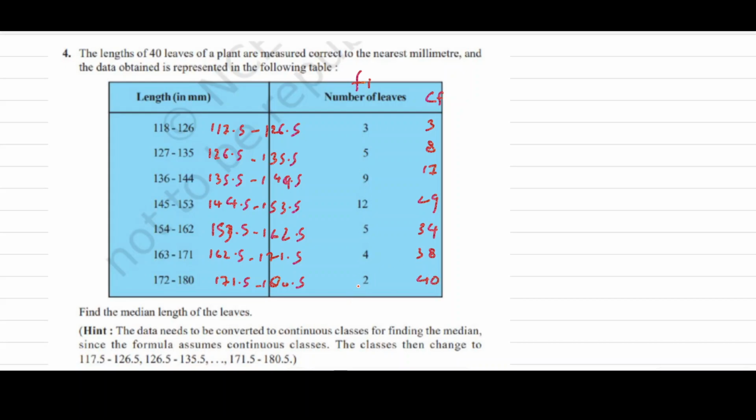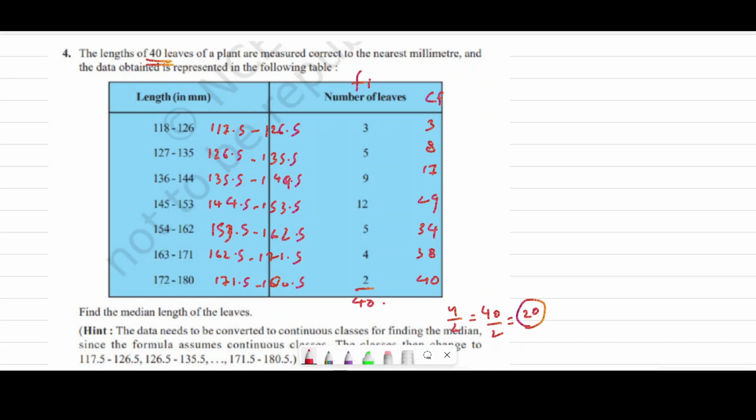If we calculate this we will get 40. Now first n by 2, that means 40 by 2, that means 20. Where 20 is situated, calculate that, then we will be able to find the answer.